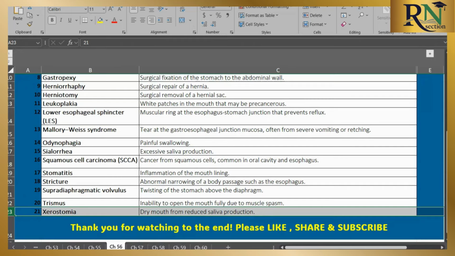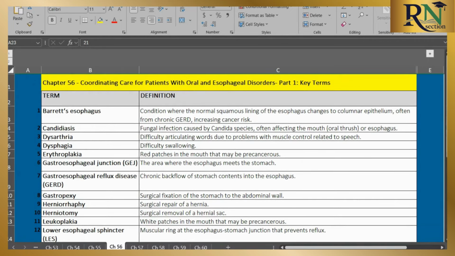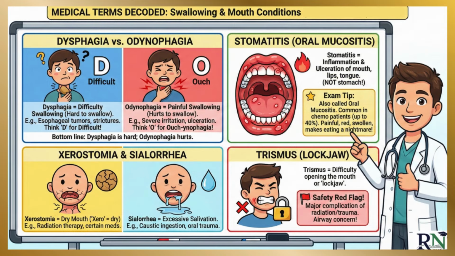And now we go to some pictures regarding those key terms. As I mentioned earlier, here is a compare and contrast of medical terms, dysphagia with odynophagia. One is difficulty swallowing and one is pain.